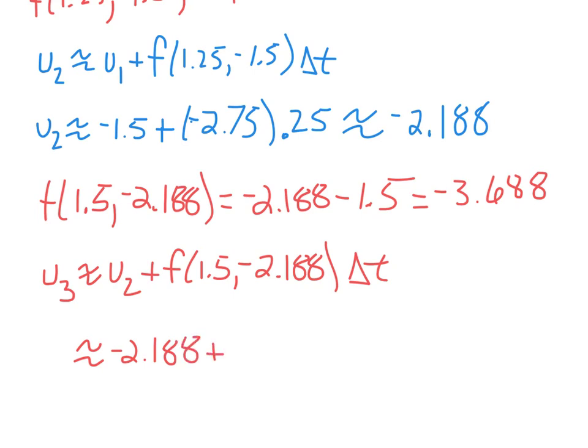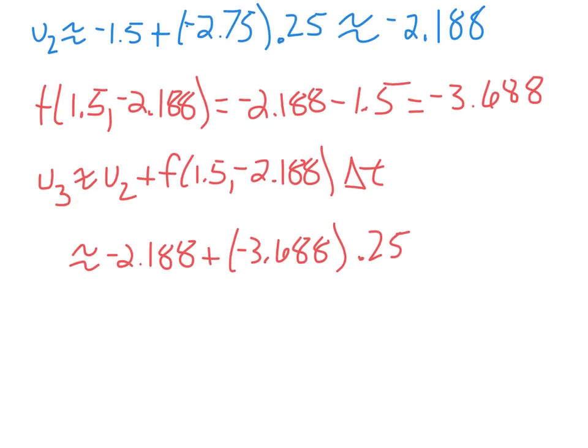Our new slope here is negative 3.688. Our time step is still 0.25. And so our final approximation is going to be negative 3.1881. Okay, and so I'm going to come back up here.